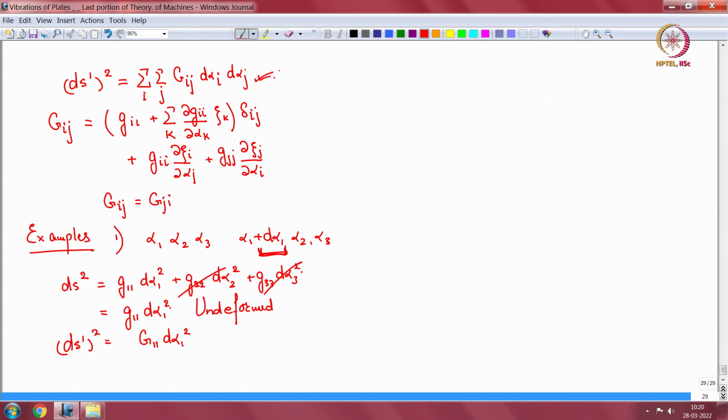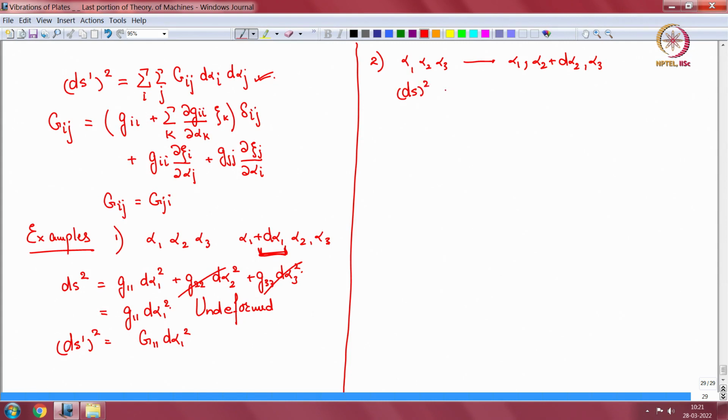Similarly, second example, very similar: if we have a point at alpha 1, alpha 2, alpha 3, and the second point is at alpha 1, alpha 2 plus d alpha 2, alpha 3, then the undeformed squared length is g22 d alpha 2 squared, and the deformed length is g22 d alpha 2 squared.